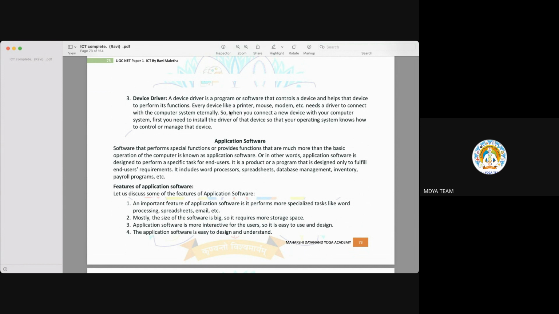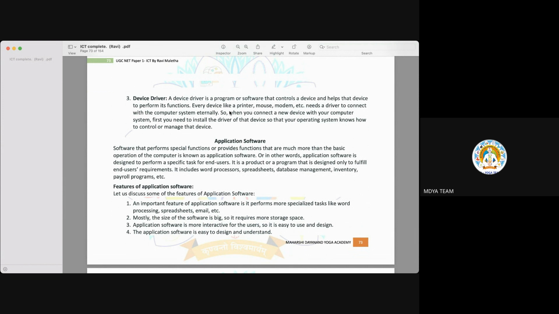Then there are application softwares. Application software, as the name suggests, is for a particular operation, for a special function, or to provide a certain output. For that you need a certain set of instructions given to the system, and then you can get the particular output. It is designed to perform a specific task for an end user.